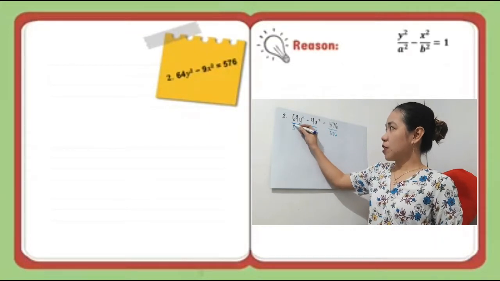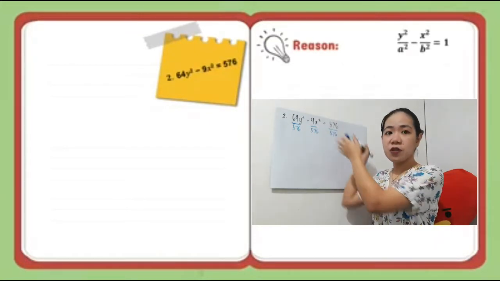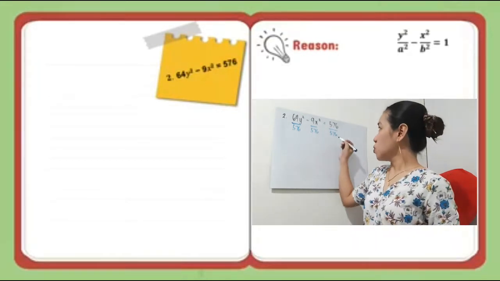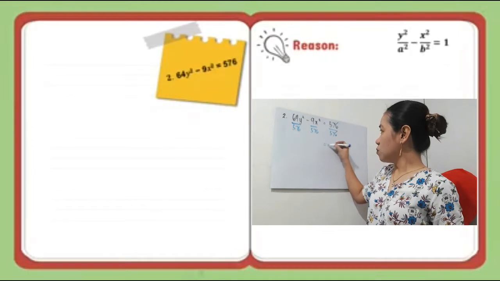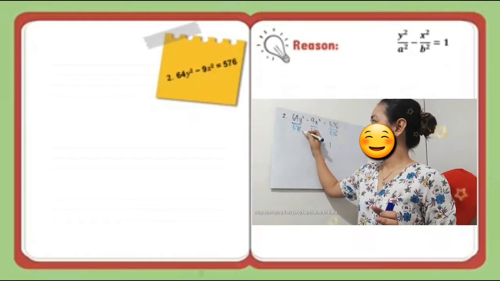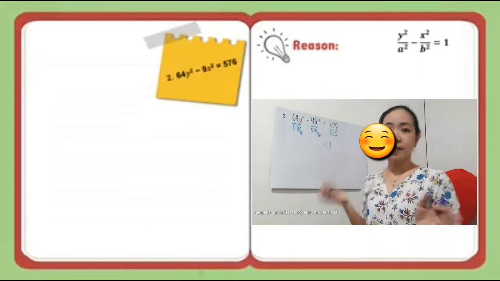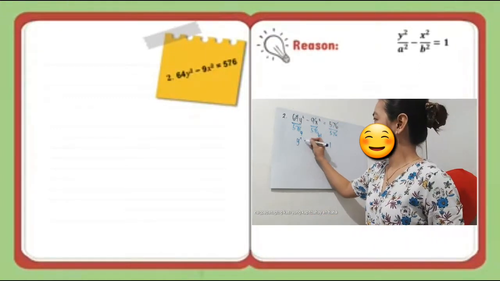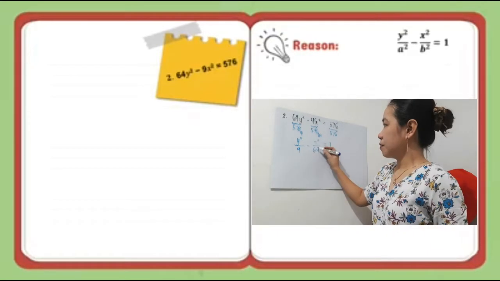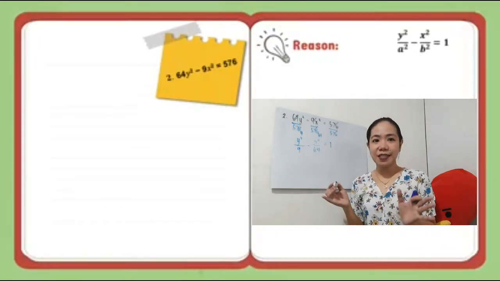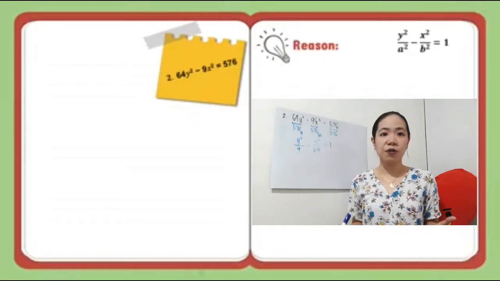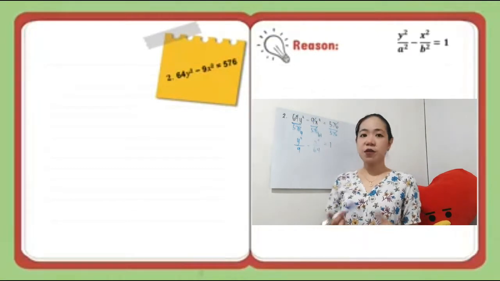576, or actually multiplying both sides by 1 over 576. So simplify, this becomes 1. What we actually did is get the lowest terms, so these are both divisible by 64. 64 divided by 64 is 1.